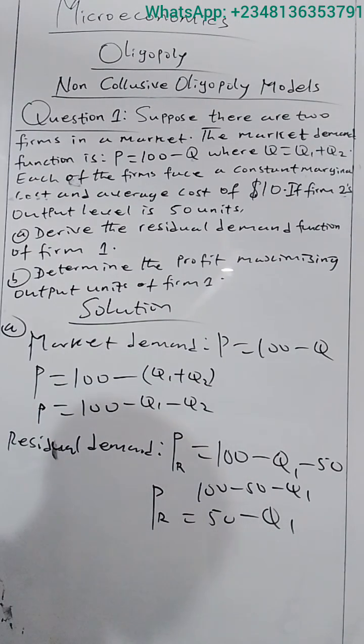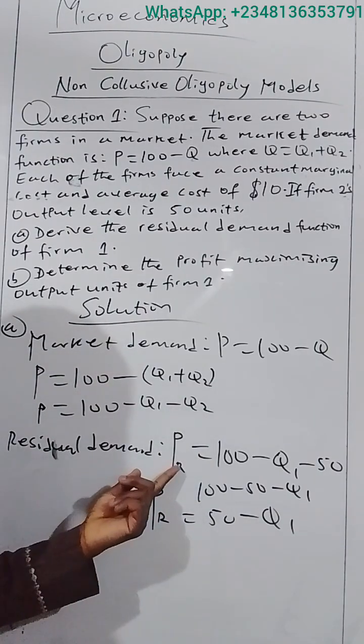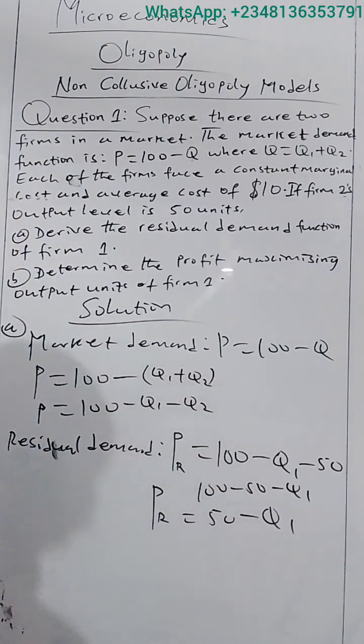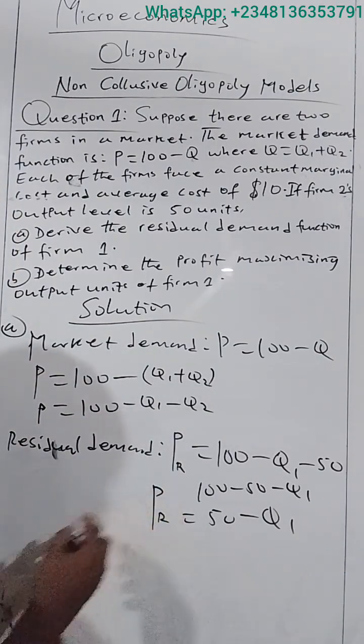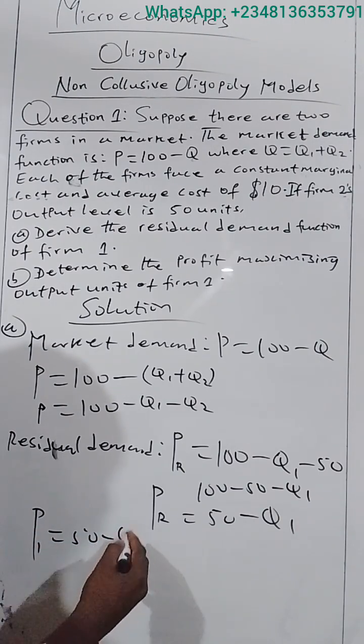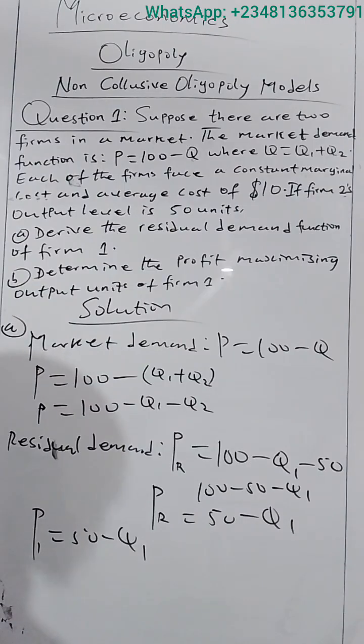This residual demand will be fulfilled by firm 1. In other words, this PR can be rewritten as P1, so I can write it as P1 equals 50 minus Q1.